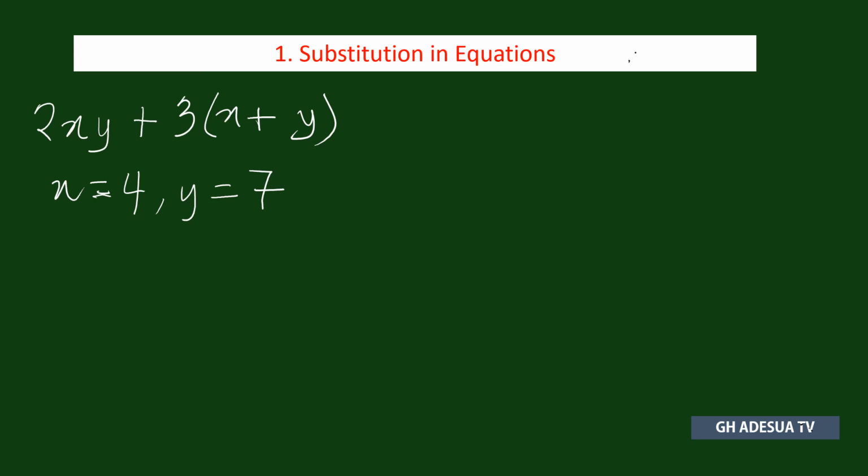So in this question, you are not seeing an equation, but you are seeing an algebraic expression. Now let's look at the rubric that goes with this. It says, given that x is equal to 4 and y is equal to 7, evaluate 2xy plus 3 into bracket x plus y.